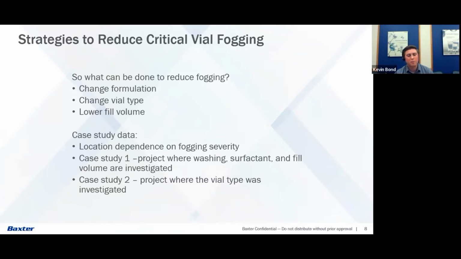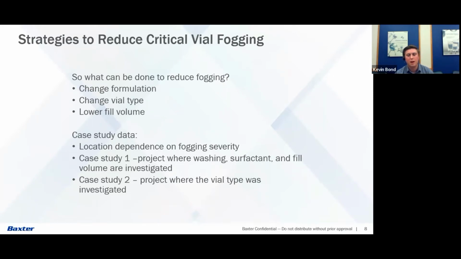And finally, if you're already locked into a specific vial or formulation, or your options to change those are limited, you can also lower the fill volume of your drug product in your vial so that, when fogging does occur, that solution will have further to creep up the side of the vial before it reaches the shoulder and neck.